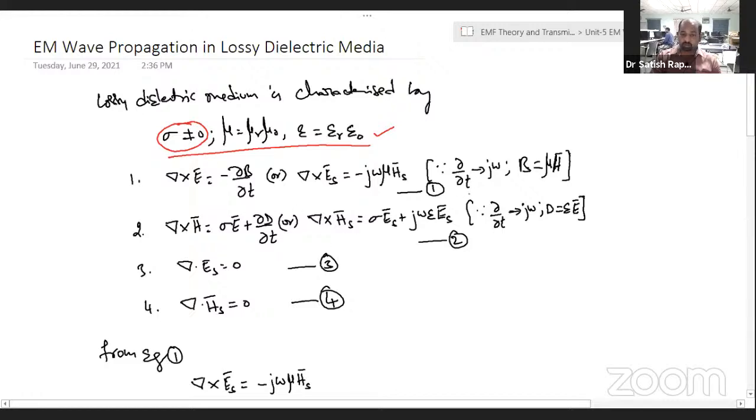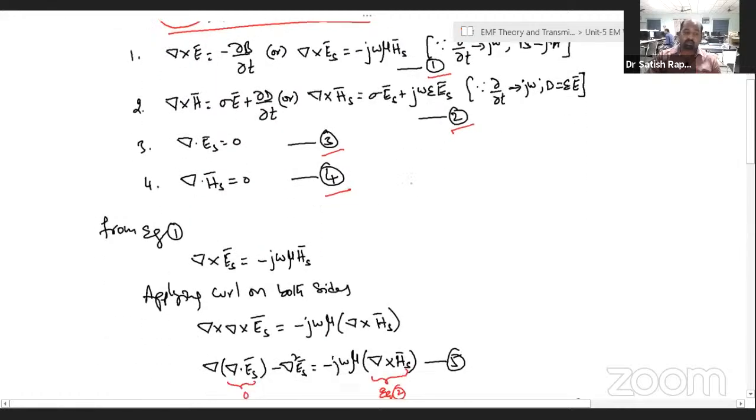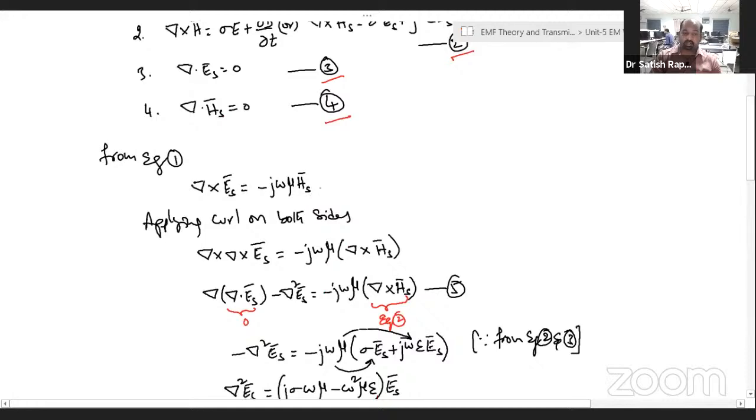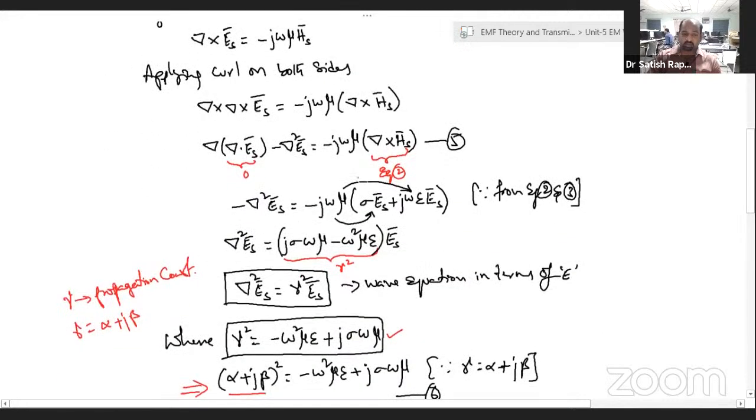Therefore Maxwell's equations 1, 2, 3 and 4 are rewritten like this. The procedure is the same: taking equation 1, applying curl on both sides, and simplifying, we will get the wave equation like this. So this is the wave equation in terms of electric field.